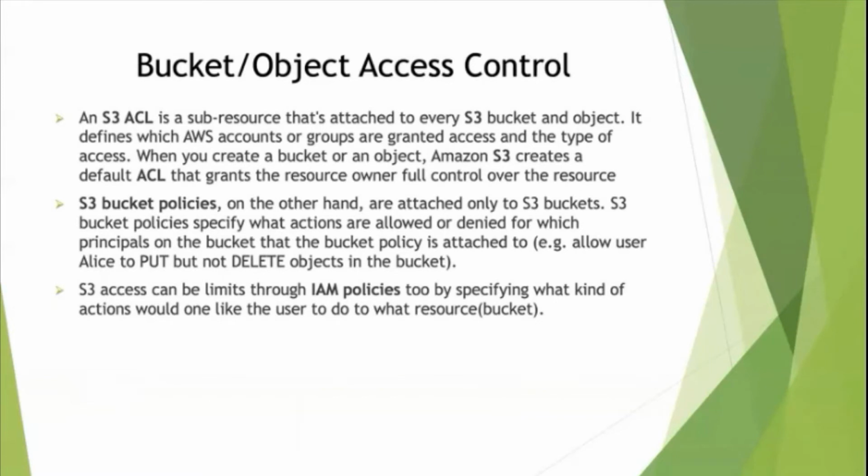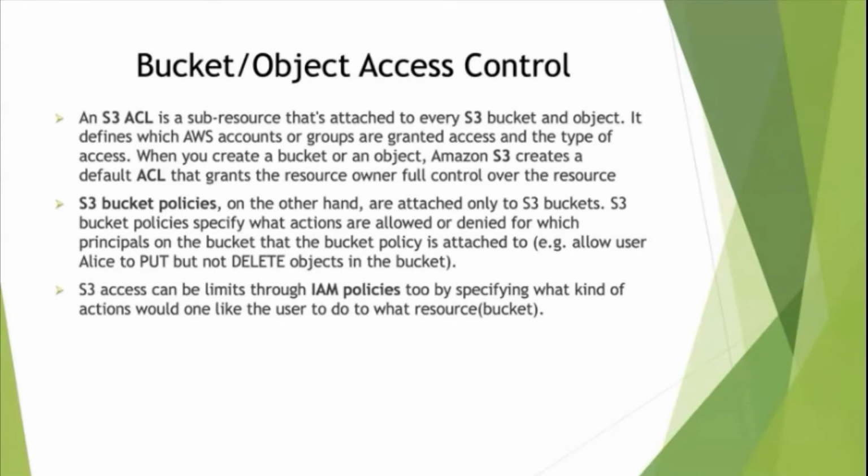So S3 ACL, or access control list, is a sub-resource that is attached to each and every S3 bucket and object. It allows you to define which AWS accounts or groups are granted access to that particular bucket or object. So I can provide access to a bucket that I create in my AWS account to another AWS account also, and similarly with an object.